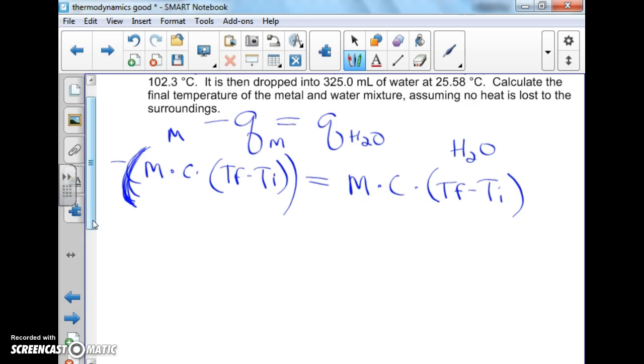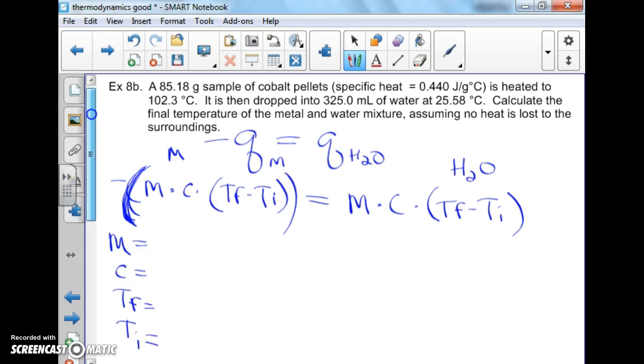But before we get into the math, I want to make sure we pull our variables correctly. We need to find an M for this side, a C for this side, and we need TF and TI. So what is the mass of the metal? This is the mass of the metal, 85.18 grams. I got that from a paragraph above. It gave me the specific heat of this cobalt, 0.440 joules over grams times degrees Celsius.